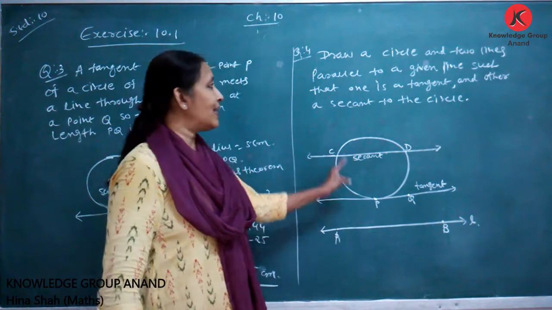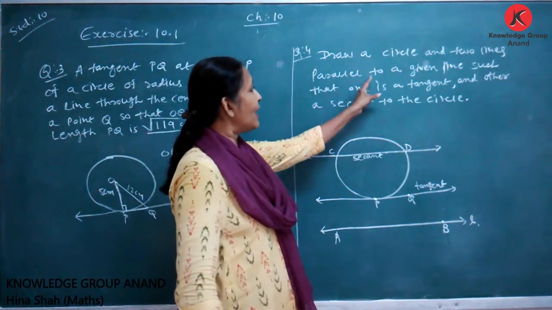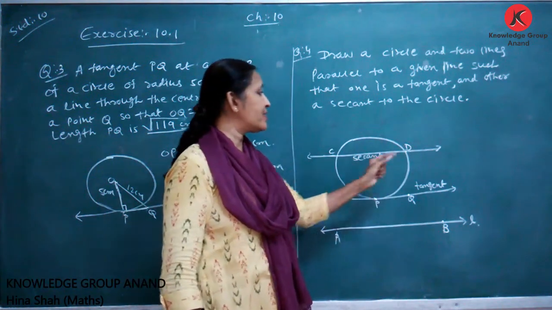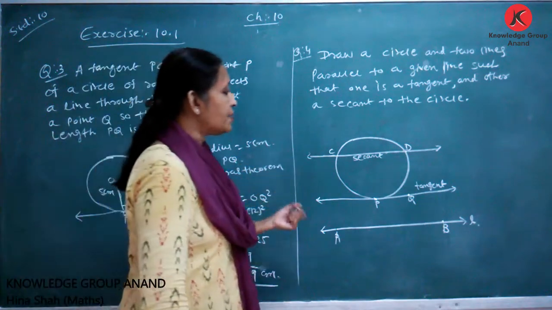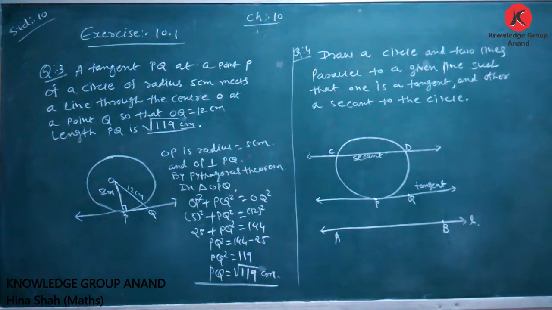Two lines parallel to a given line such that one is a tangent and one is a secant. Okay, we draw only this figure. Now exercise 10.1 is completed.